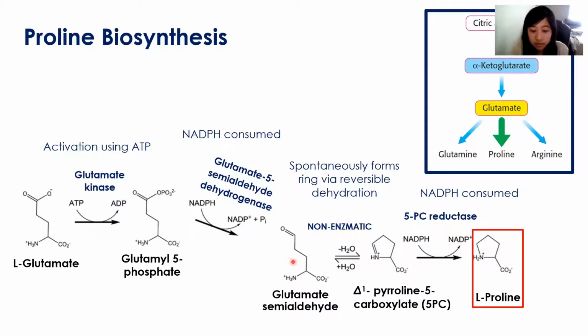Then this intermediate can spontaneously form the ring in proline via a simple dehydration reaction. Then the P5C can be reduced by NADPH to produce our ultimate compound of proline.